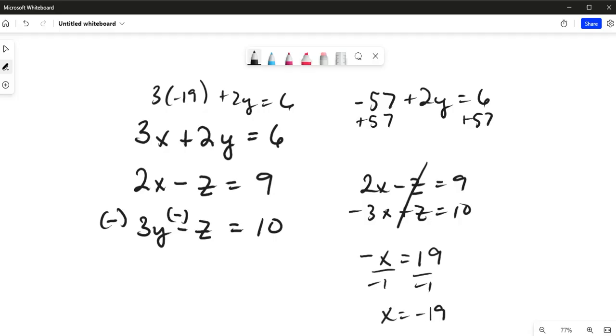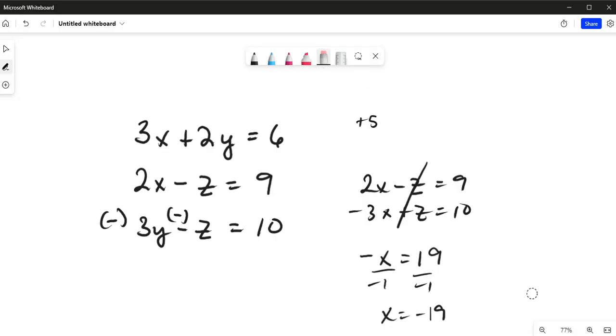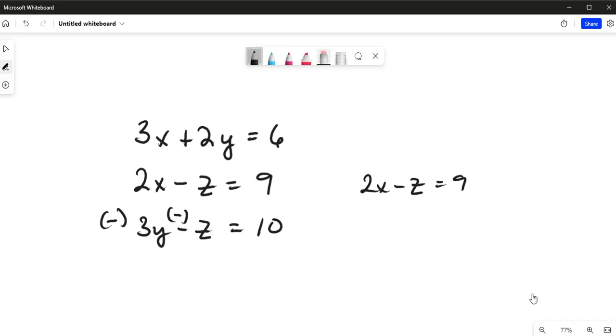You mean the first one? 3x plus 2y equals 6? 2x minus d. Oh, I see. You said it down here. That's why I did it wrong. Okay, thank you. I wrote it down wrong on the bottom. Sorry. Thanks.